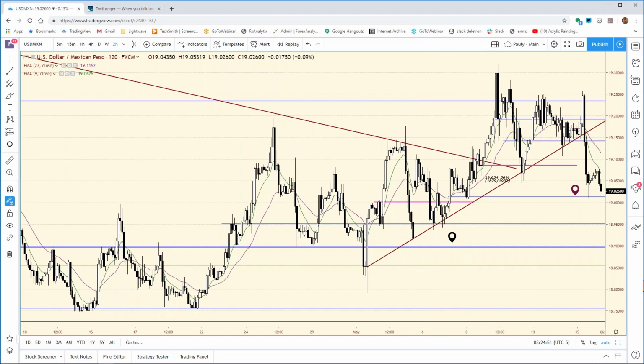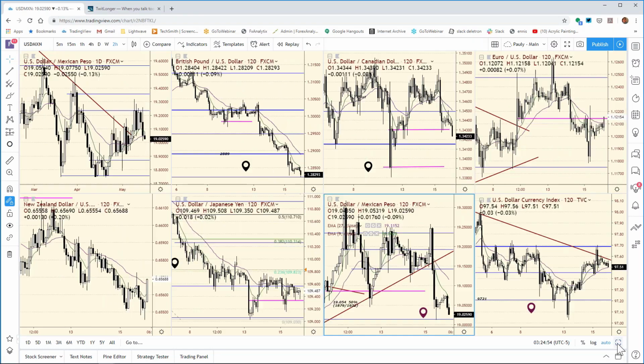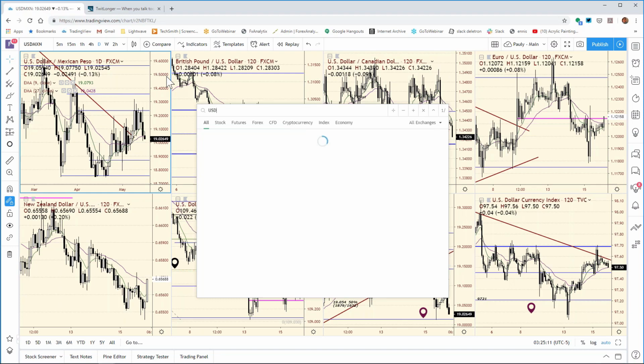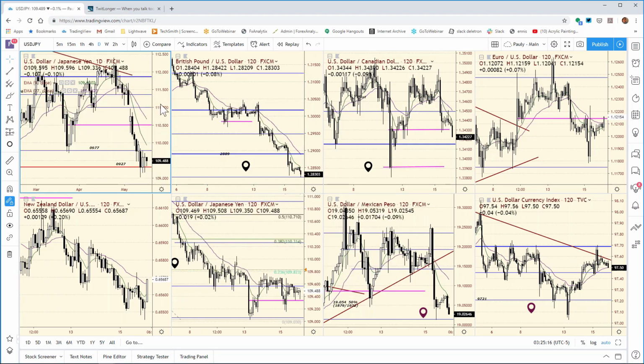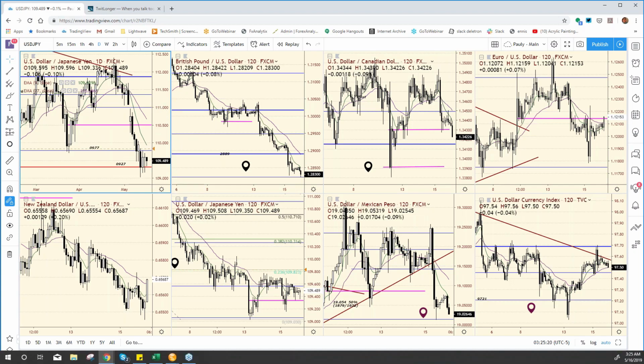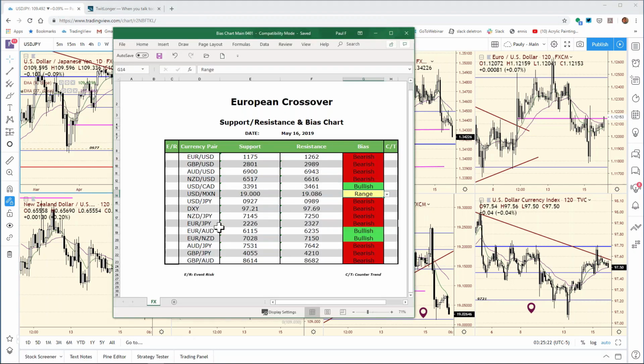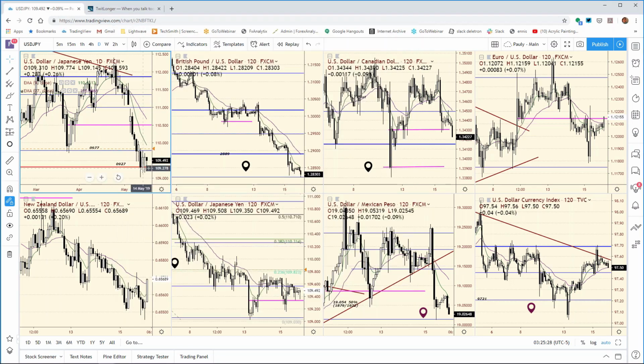Let's go on now to the dollar yen. Well, we had our support here on the day at 927, the pivot, and we tried to dip a little bit below that.